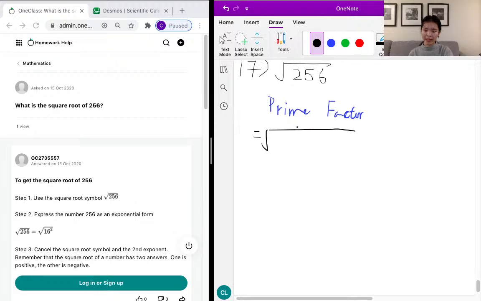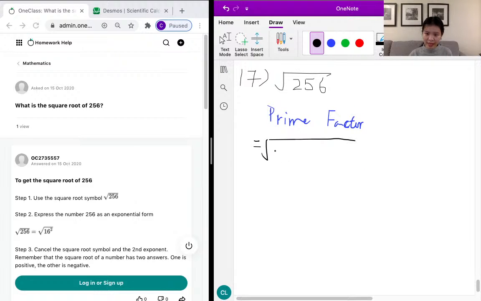And we just take out the first prime factor of 256, and the first one we can see is probably 2, and the other factor of 256 that corresponds to 2 is, let me see, 128. Alright, so now we have 2 and 128.